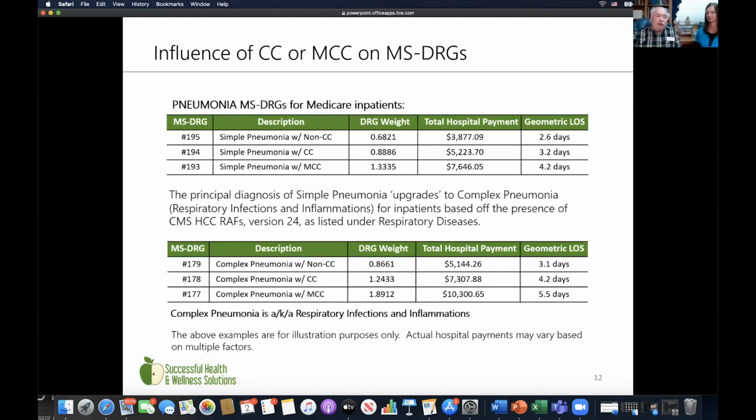And then we progress to DRG 193, which is simple pneumonia with MCC, which has a substantially higher DRG weight, a substantially higher hospital payment, and a geometric length of stay of 4.2 days.